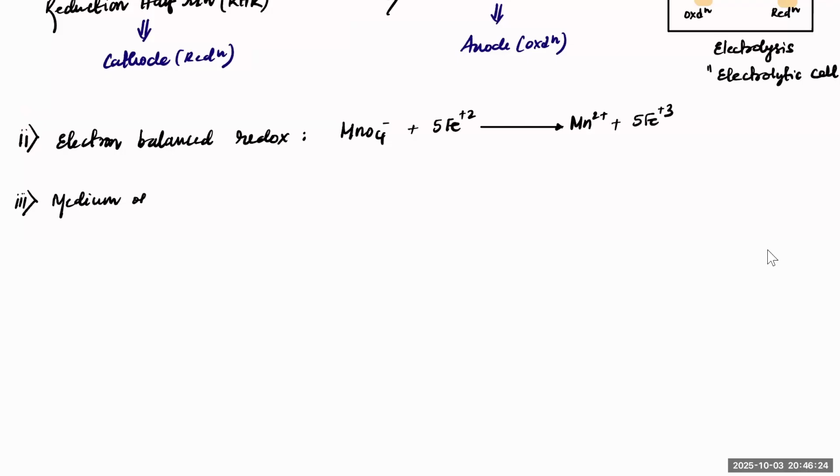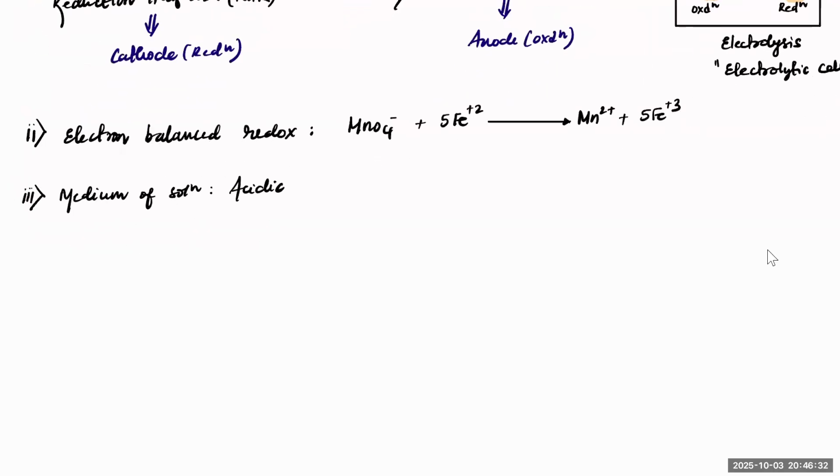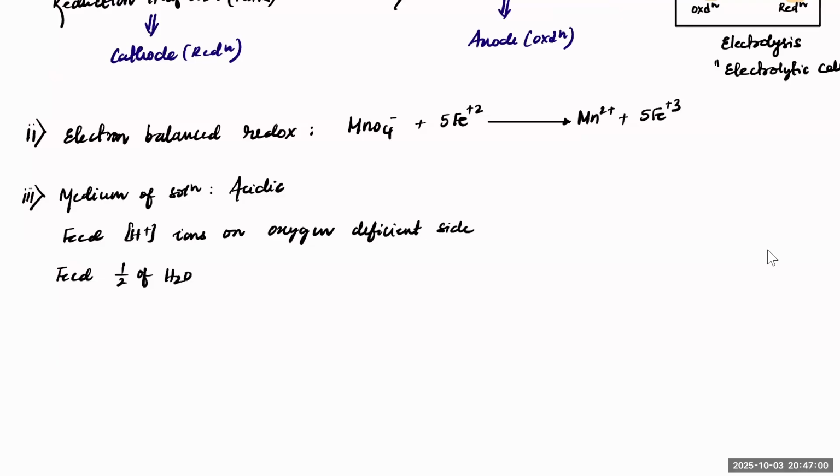Now, once you have the electron balanced redox, you have to specify the medium of solution. So here it is an acidic medium. For acidic medium, we will use simple logic: you count the number of oxygens on both sides. Add H plus ions on the oxygen deficient side, and add half the number of H2O molecules on the oxygen rich side.